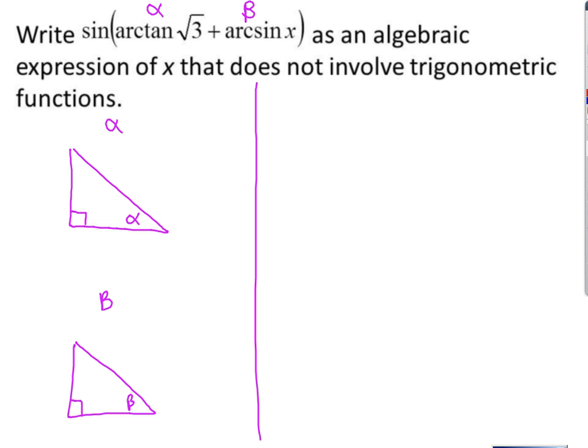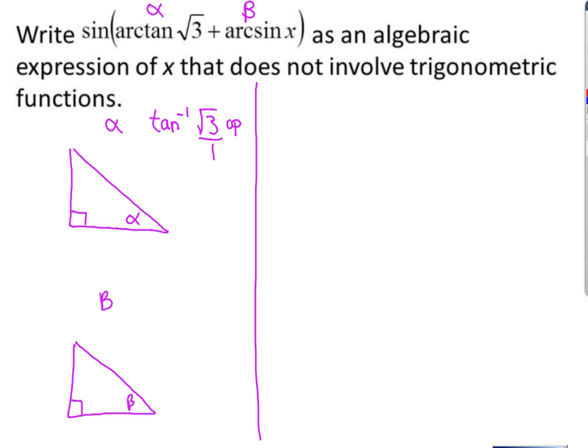Now tangent, if you remember, is opposite over adjacent. Arctangent is the same thing as the tangent inverse. And radical 3 we can write as radical 3 over 1.